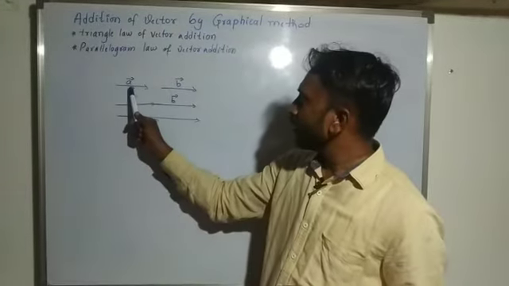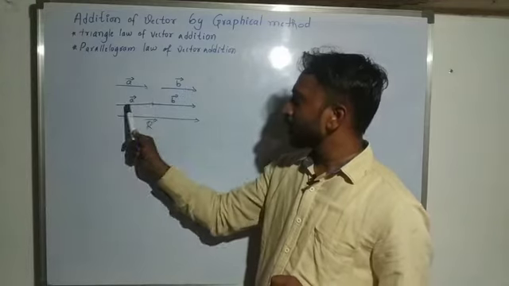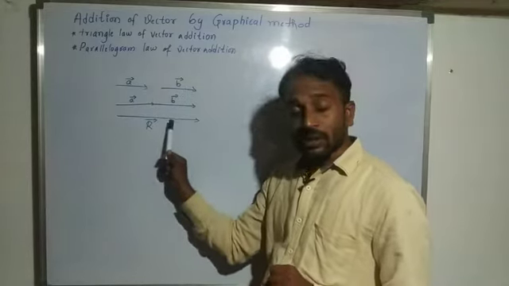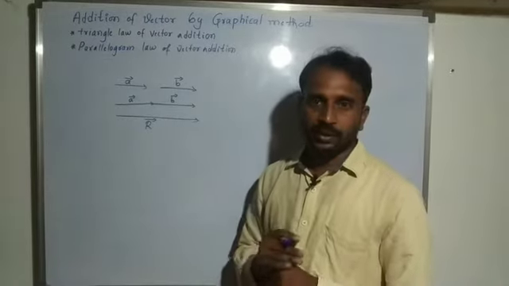Vector A added with vector B gives us one vector, the resultant vector.